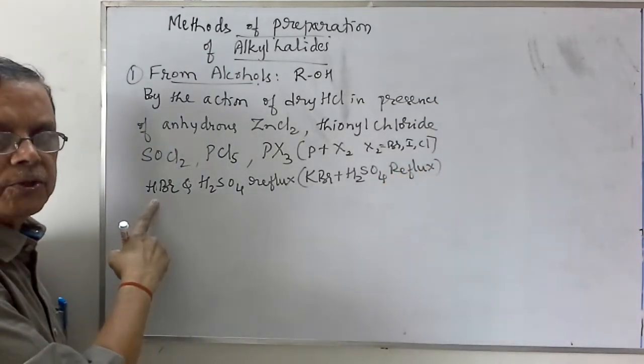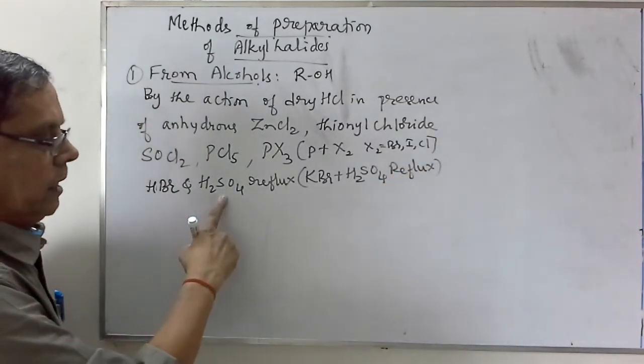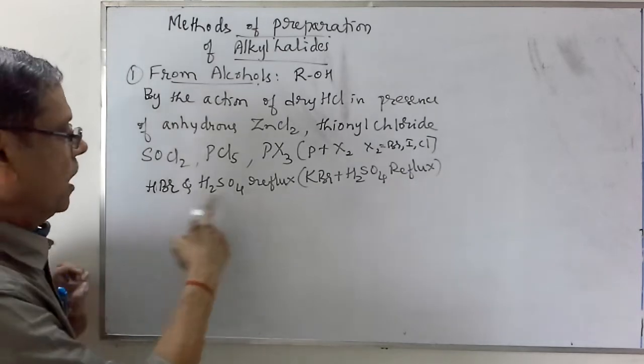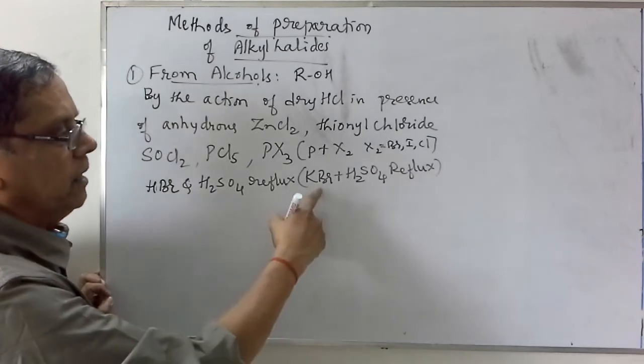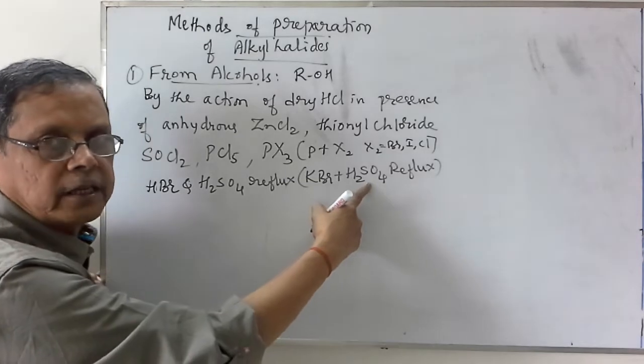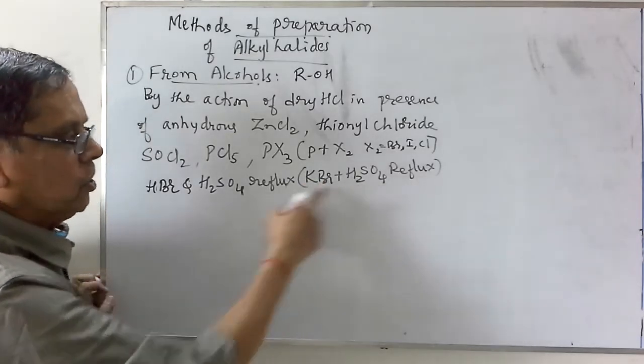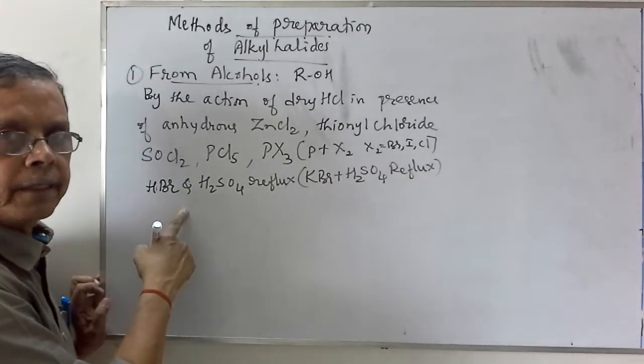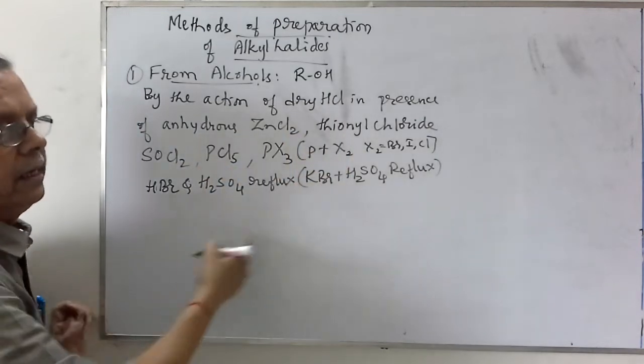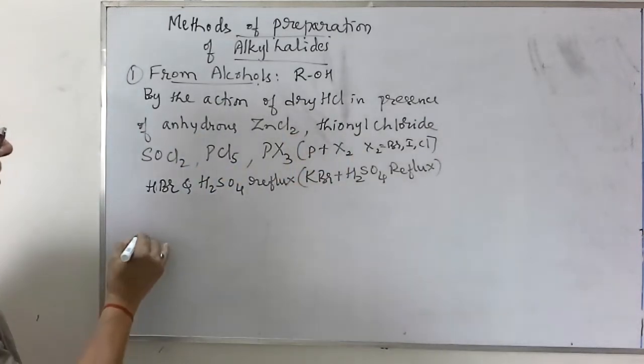Either you can directly use the hydrogen bromide, H2SO4 and reflux, or instead of using this HBr, we can directly use potassium bromide and sulfuric acid. KBr will react with H2SO4 to give rise to HBr only. So all these methods and the reactions we can summarize like this.